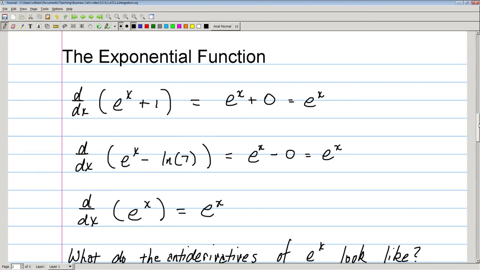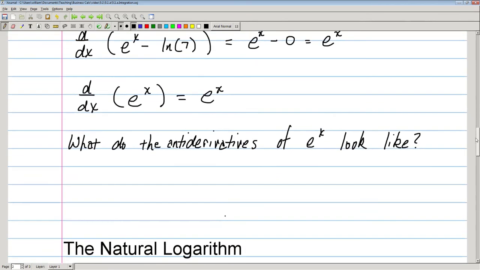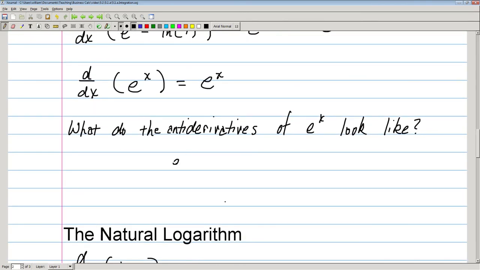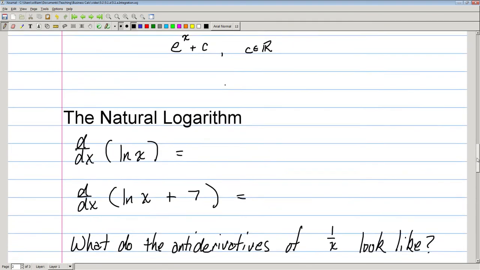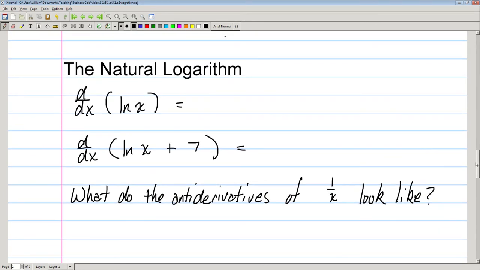So we ask ourselves, what do the antiderivatives of e to the x look like? They look like the exponential function e to the x plus a constant, where the constant can be any real number. What do the derivatives of the natural logarithm look like, and what do the antiderivatives of x to the negative 1 power look like? Well, the derivative of log x is 1 over x, or we can write it with exponent x to the negative 1.